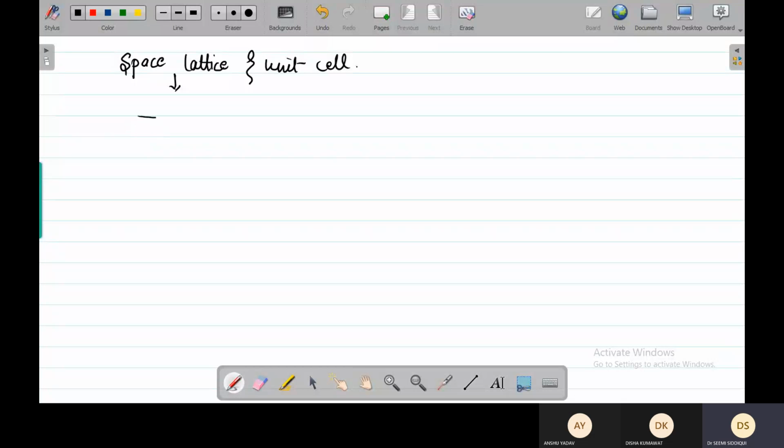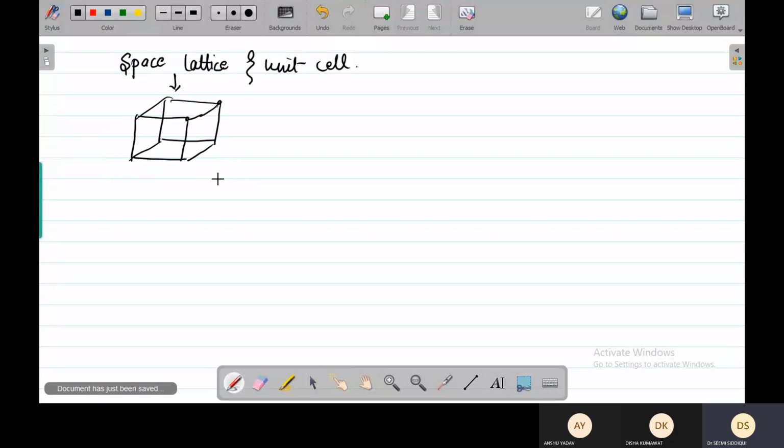For example, this is my lattice structure. So this is basically a 3D structure in which it is having identical points in space and each point is representing a constituent particle.